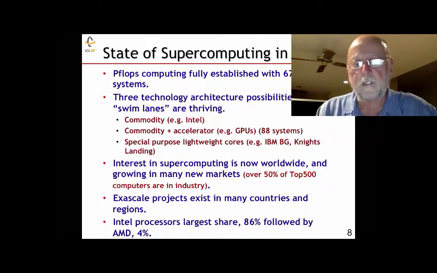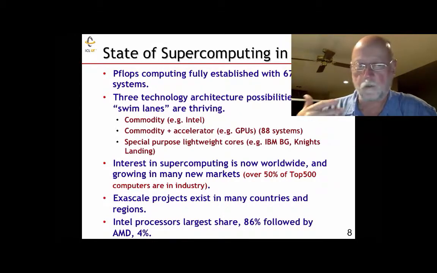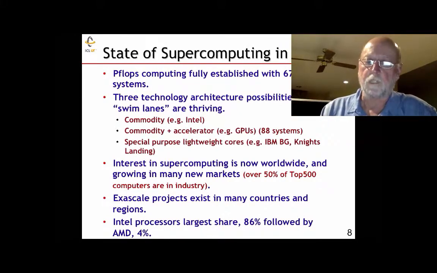And the final thing I'll comment on is Intel. They really have the largest share. If we look at the machines out there, 86% of the 500 computers use Intel processors to do their computing, and there's another 4% that come from AMD. So the x86 architecture is in 90% of the high-performance computers today. That's a stunning statement, that commodity processors have really driven high-performance computing today.